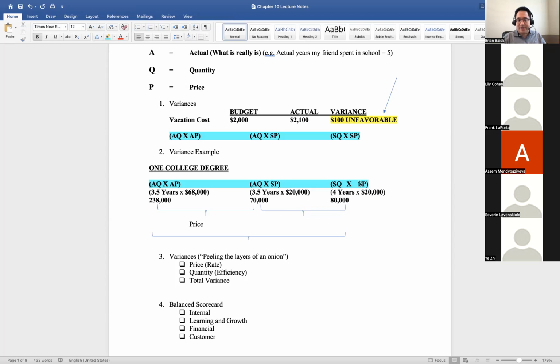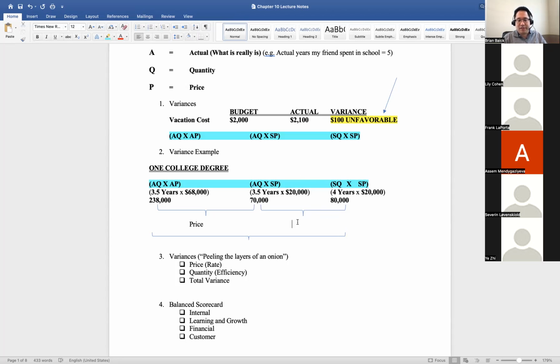The term at the end has standard price. So standard price is common to both the middle number and the last number. What's different is the quantity, because here you have actual quantity, which happened to be 3.5 years. And then here you have standard quantity, which happened to be 4 years.